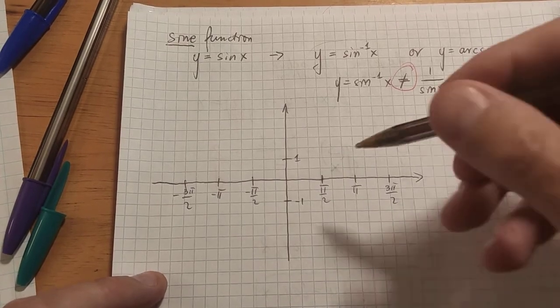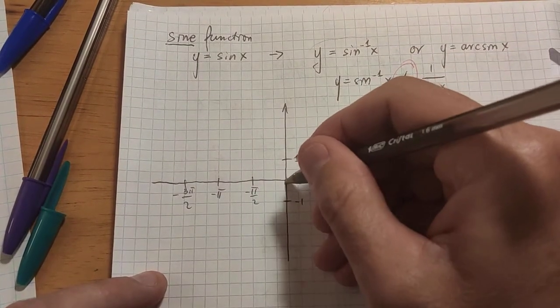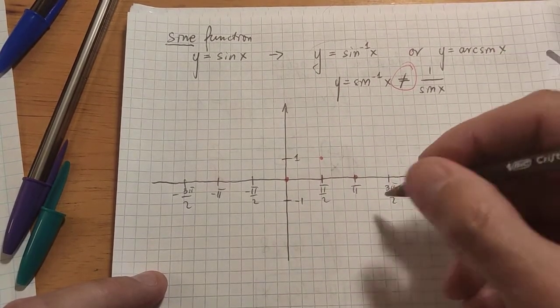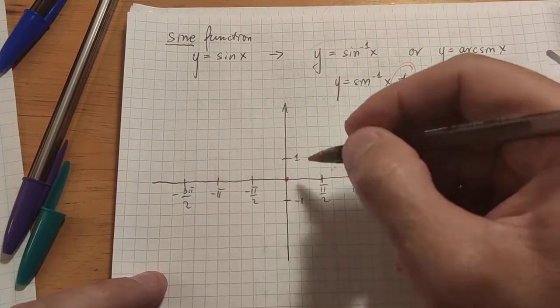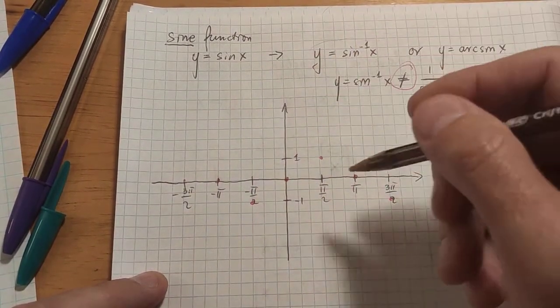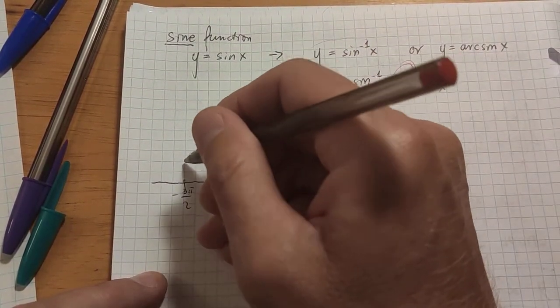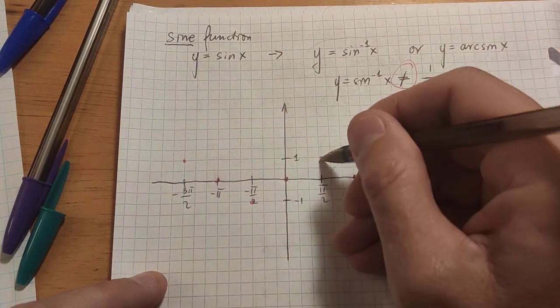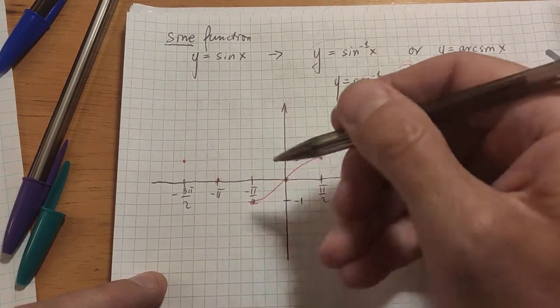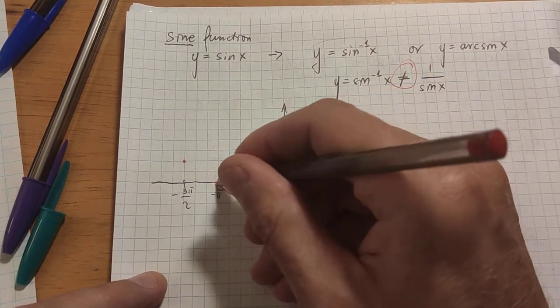Okay, so I'm graphing regular sine. So it goes through the origin, then 1 here, and -1 here, and here I go to -1, and then to 0, and then for this I'm back at 1. So I'll connect the points with a smooth curve.